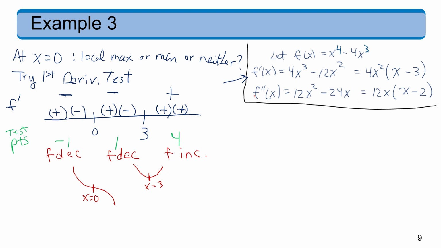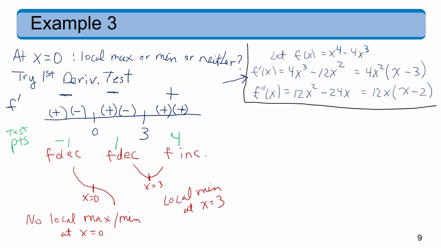So we've now concluded that at x equals 0, there's no local max or min at x equals 0. And then just to mention it again, we've got a local min at x equals 3. So we've answered the part of the question about local max and min.